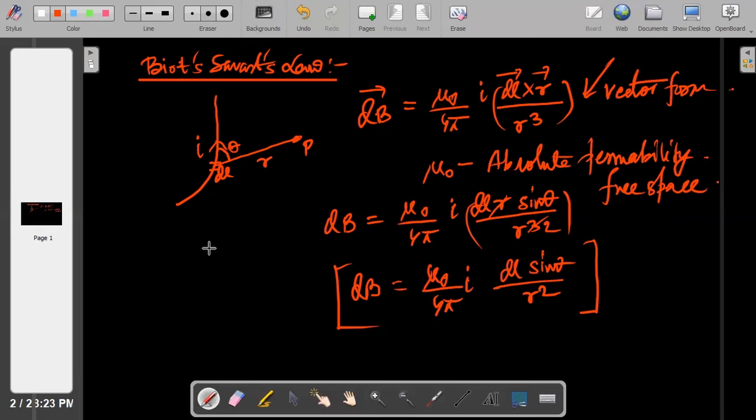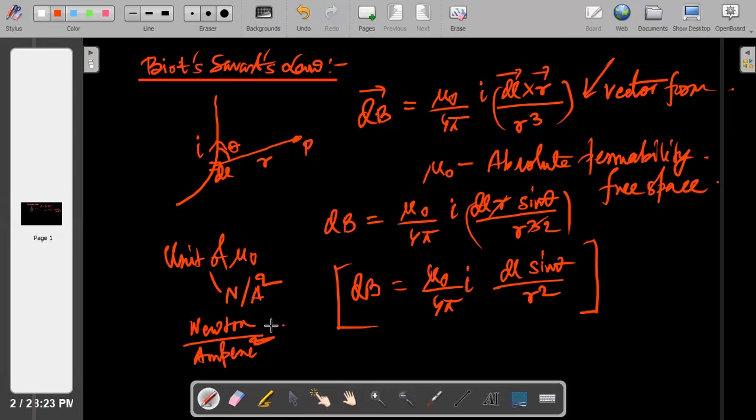Things to be noted: the unit of mu naught is Newton per ampere square. You know that dB is Newton per ampere meter, and this is ampere, and this is length square, meaning meter square.